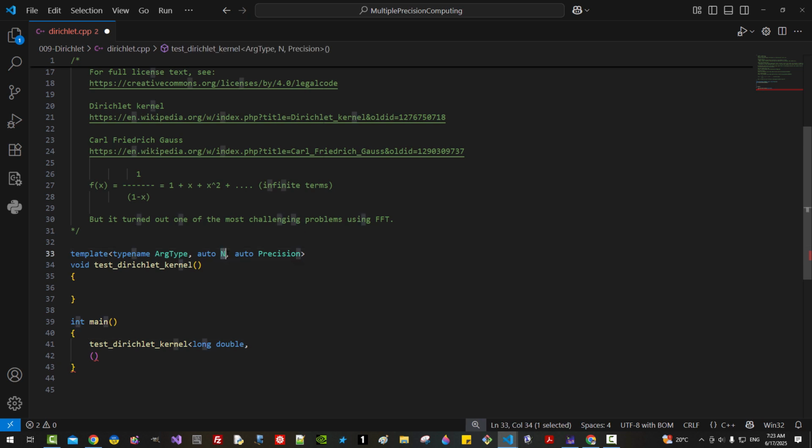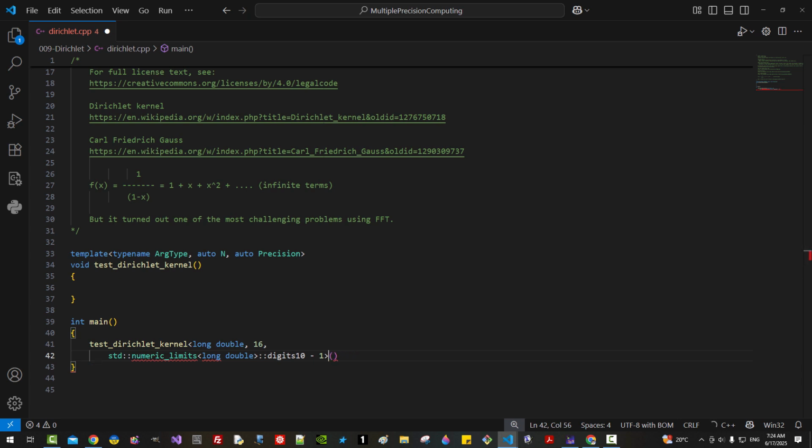This n would be 16. Precision would be std numeric limits long double. This is 10 to the minus 1.